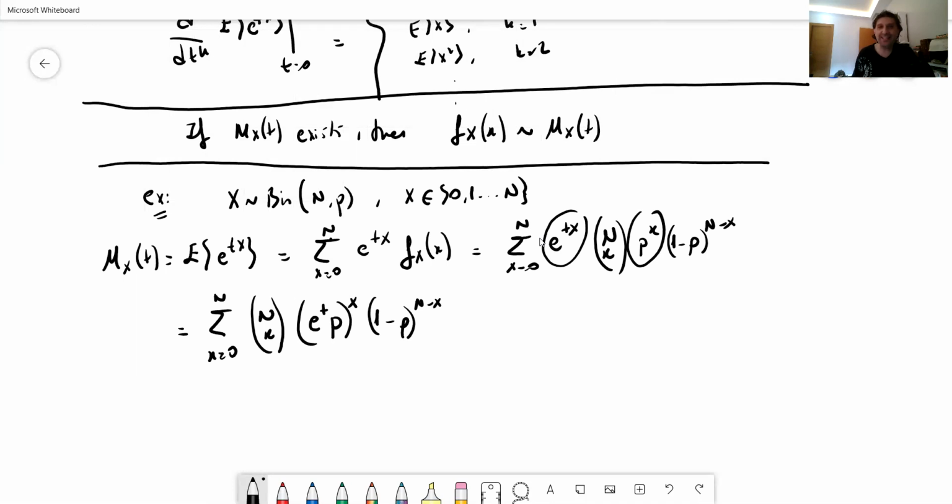Now you should realize that this is actually equal to exponential t p plus 1 minus p, to the power n. This is the expansion of that term.